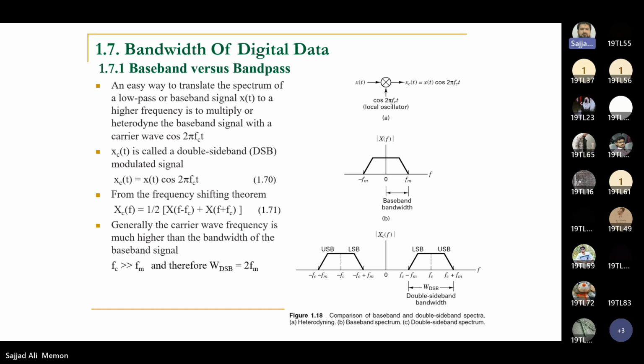So this is your baseband bandwidth, and this is your double sided bandwidth of the modulated signal.